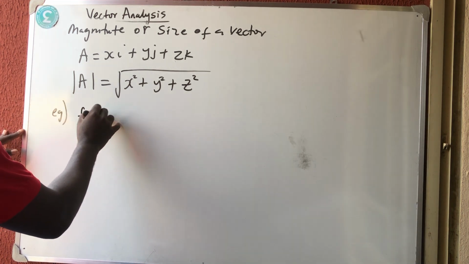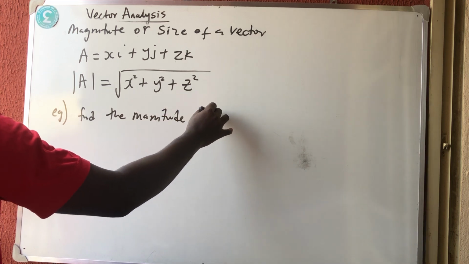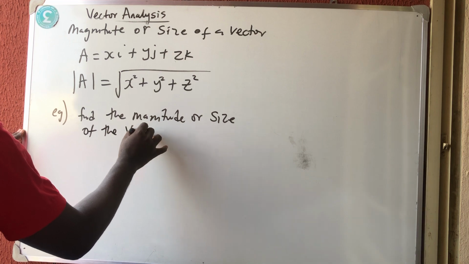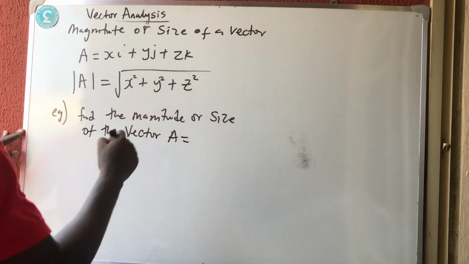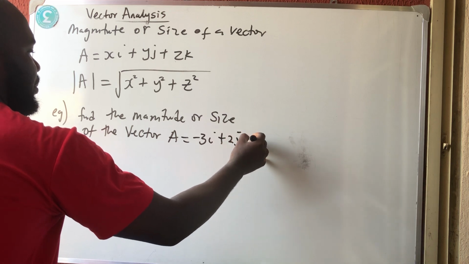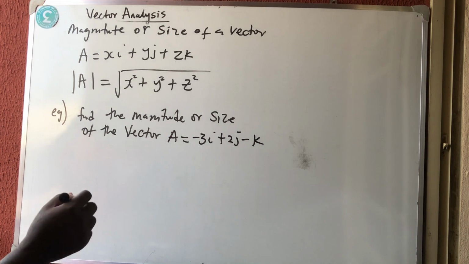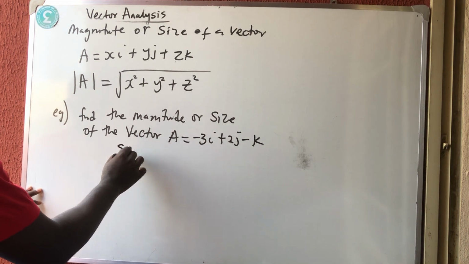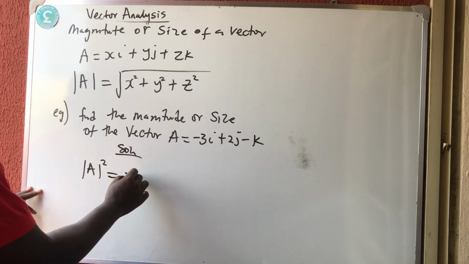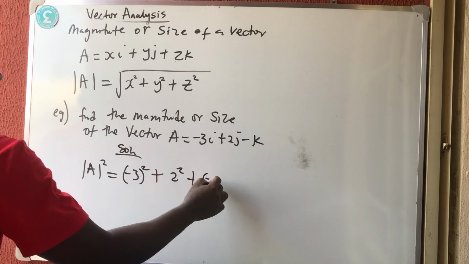Okay, an example of that. Example: find the magnitude or size of the vector A, which is equal to minus 3i plus 2j minus k. Solution: the magnitude of A all squared is equal to minus 3 squared plus 2 squared plus minus 1 squared.